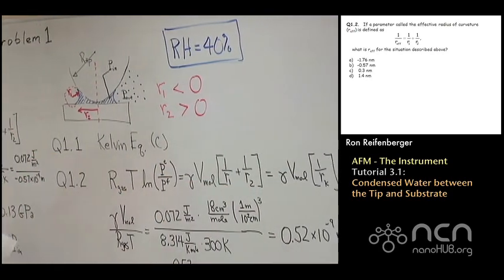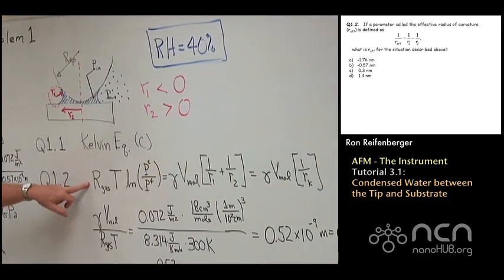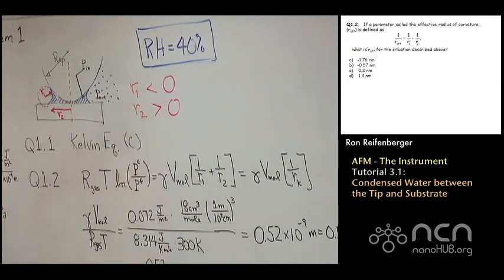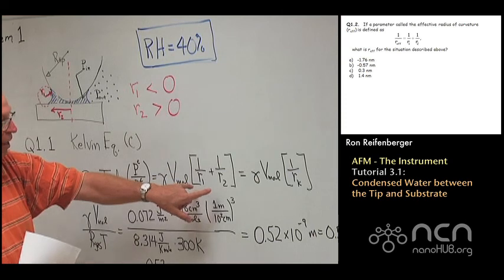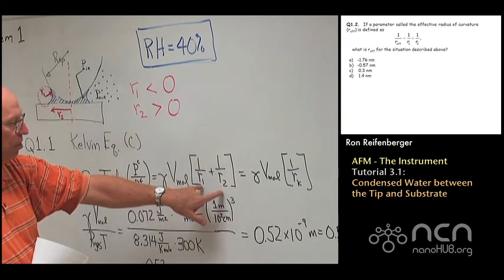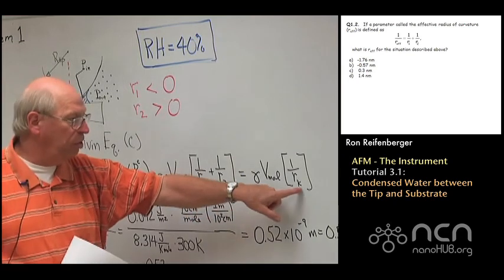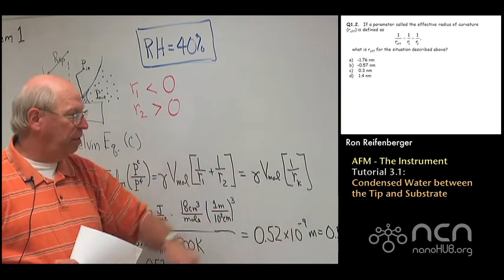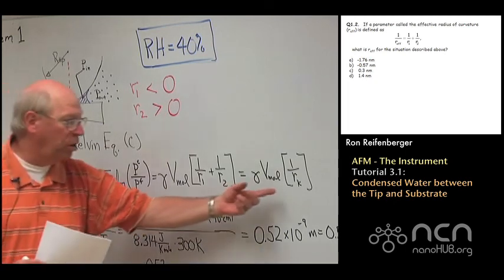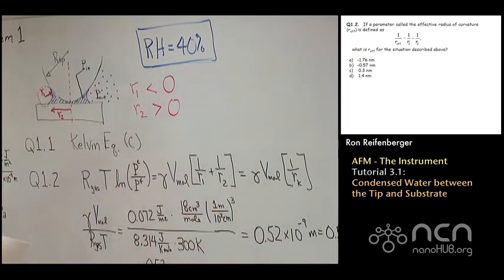To answer that question, we have to use the Kelvin equation, which I write down here on the first line. It's customary to rewrite the sum of the reciprocals of the 2 radii R1 and R2 as 1 over R sub k, where R sub k is referred to as the Kelvin radius.